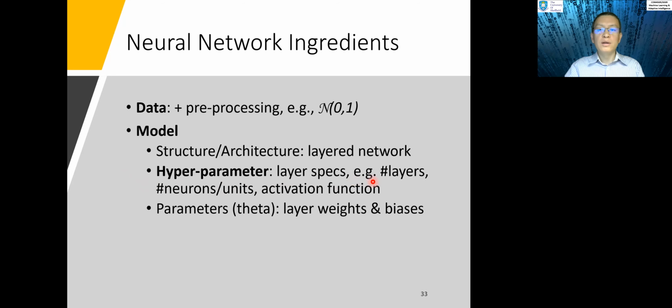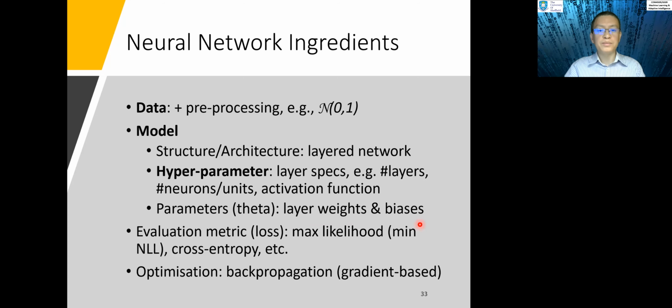For example, the number of layers, how many layers to use in your neural network, and the number of neurons, also called the number of units, for each layer, except the input and output layers. And what activation function do we want to use? And for the parameters, we learn standard parameters for each layer. We learn the weights and the biases.